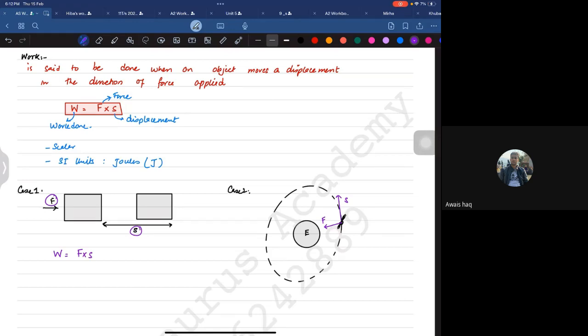Yes, kids. Do you guys think work is happening due to gravity on the satellite here? Okay. And how do you find that, Asma? You just multiply it with work equals force times displacement.